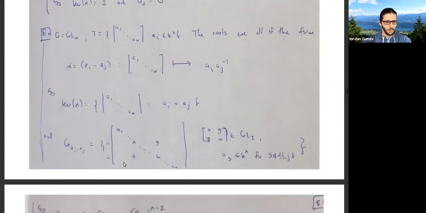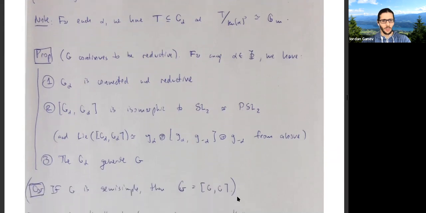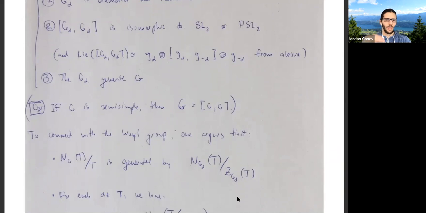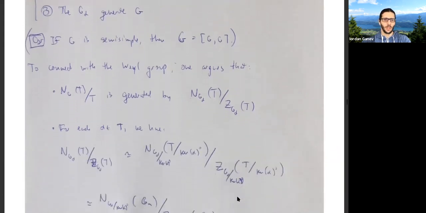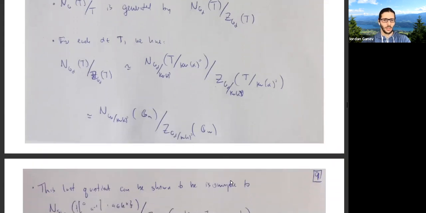They generate G. Their commutator is isomorphic to SO2 or PSO2. Thinking about each of these G_alphas individually, you can prove that the Weyl group for each of the G_alphas is just Z mod 2Z, and each of those contributes a reflection to the Weyl group of G. I didn't really spell it out too much, but that's the idea.